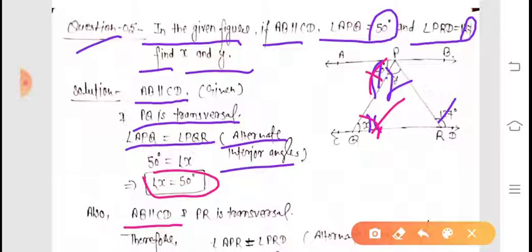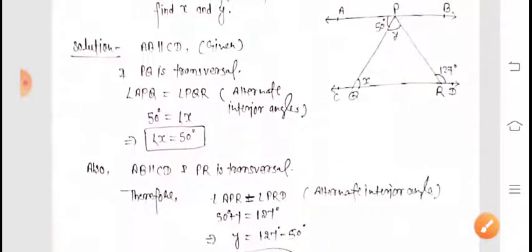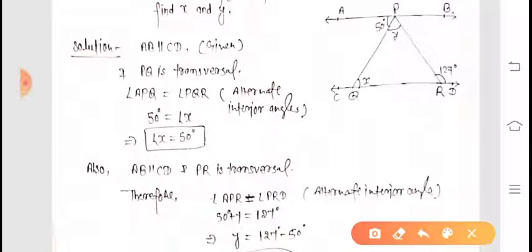And AB parallel to CD we have given, and next PR is a transversal. Therefore angle APR means this angle, angle APR equal to angle PRD means this angle.